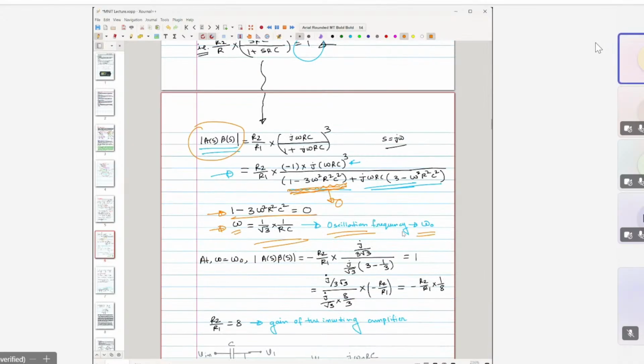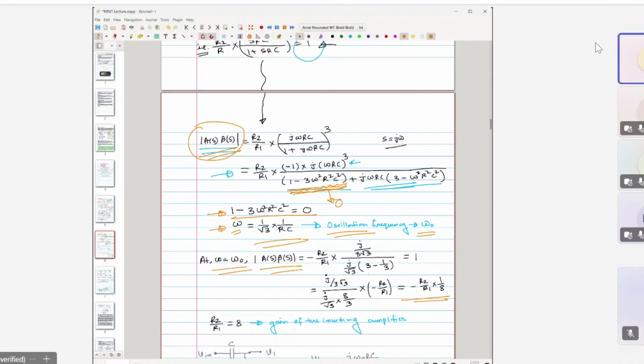I hope this part is clear to you. Then at omega equal to omega naught, if anyone wants to calculate what would be the magnitude of mod of A S and beta S, then just simply substitute it.